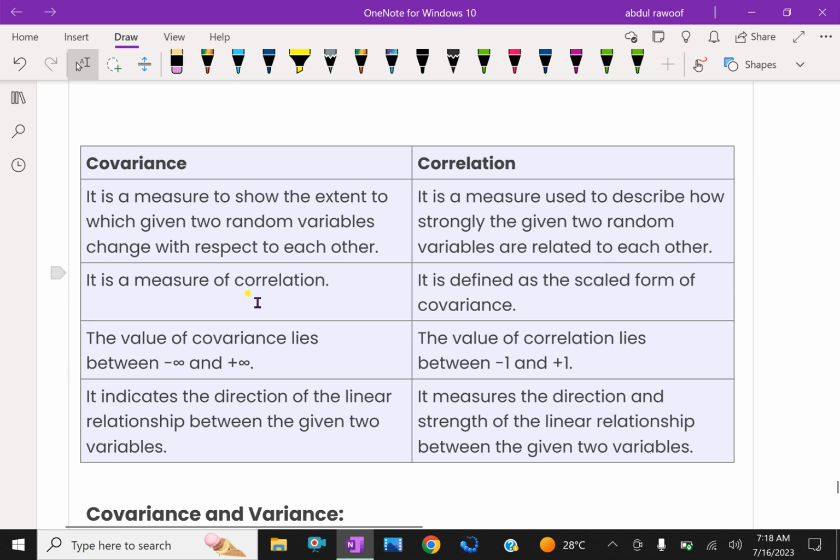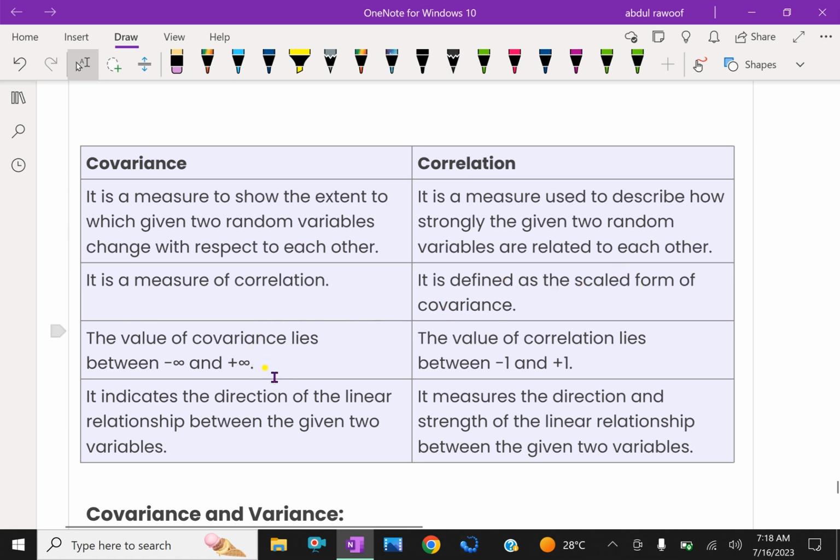Covariance is a measure of correlation. Correlation is defined as the scaled form of covariance.